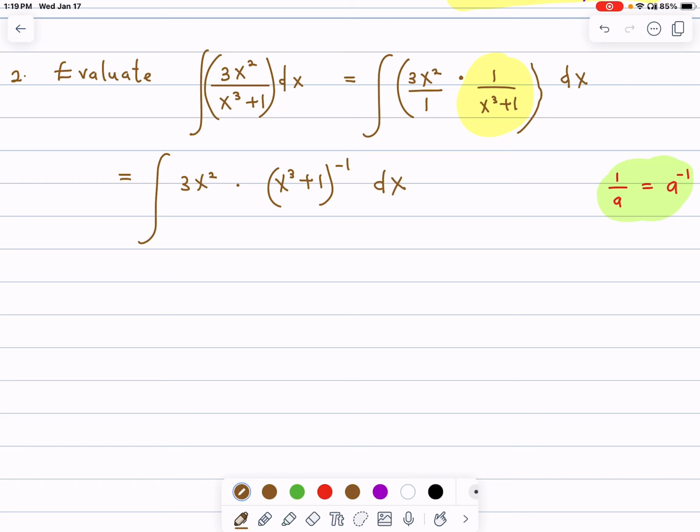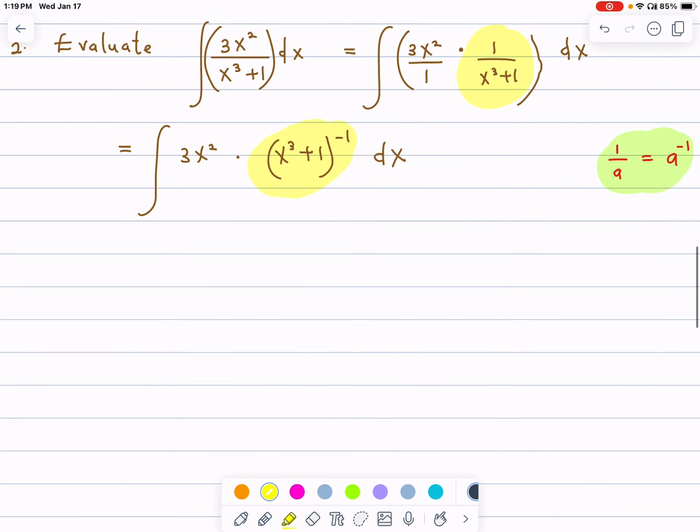So now, if you want to integrate using u-substitution, one thing you want to consider is what part of the integrand looks complicated. Definitely, you can see that this part looks complicated, the part that I'm shading with yellow. So let me just draw a line here.